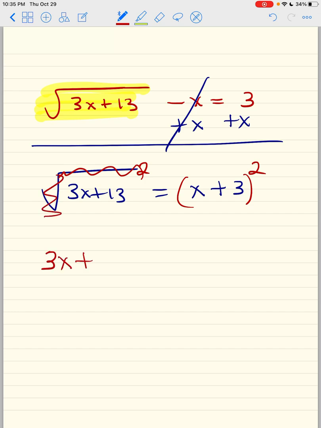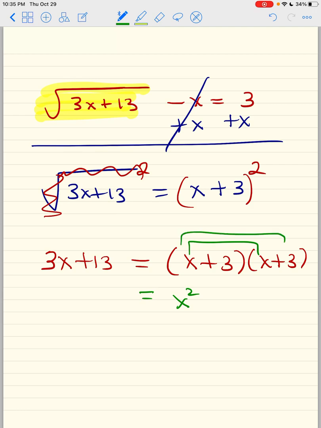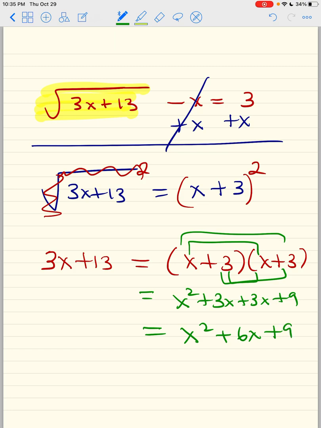You get 3x plus 13, and then make sure that you write this out twice. Okay, no shortcuts. X squared plus 3x plus 3x plus 9. X squared plus 6x plus 9 because the insides add up. Let's bring this person with us so we can stay consistent.